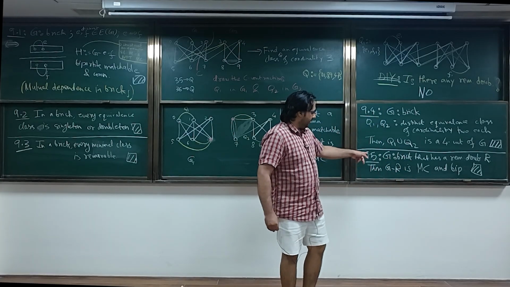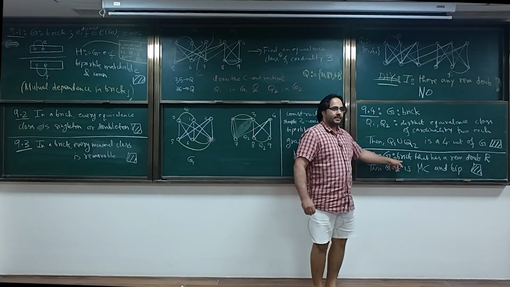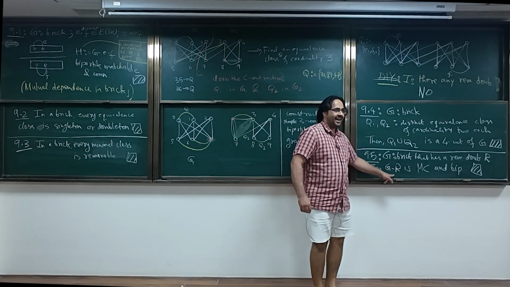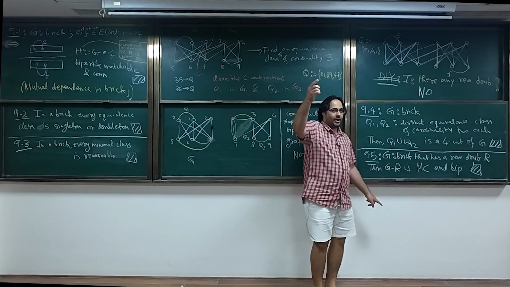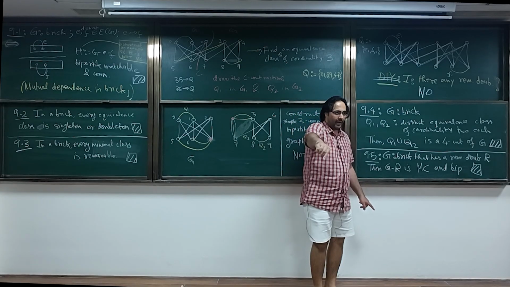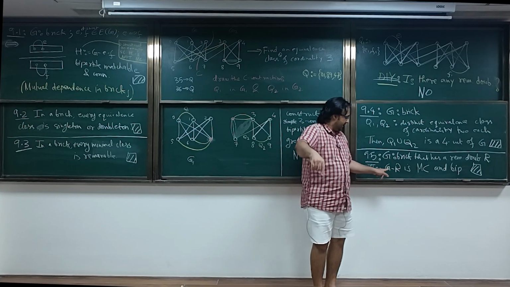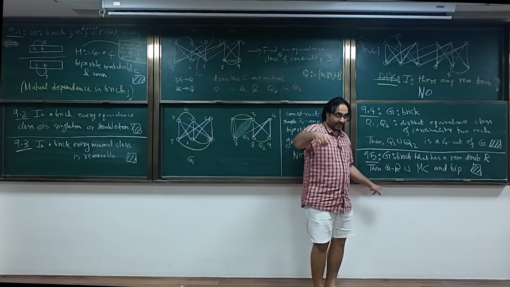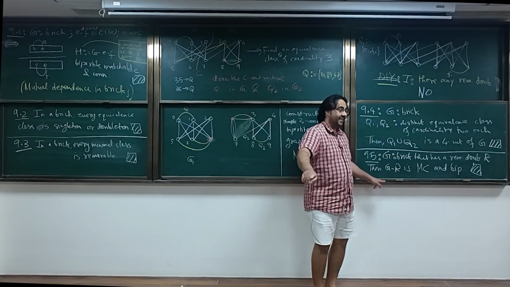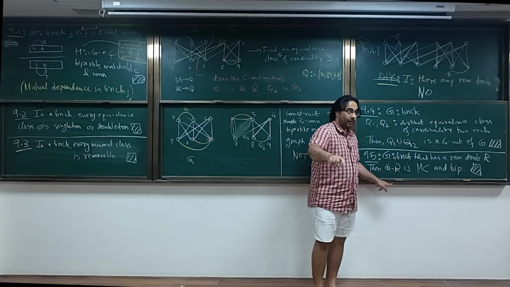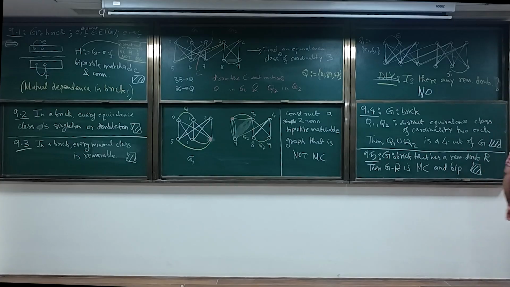In particular, observe that the number of bricks from G to G minus R has gone down by 1. G is a brick, so b of G is equal to 1. This is bipartite and matching covered, so we can talk about the b function. So b of G minus R is 0. This is not a coincidence.